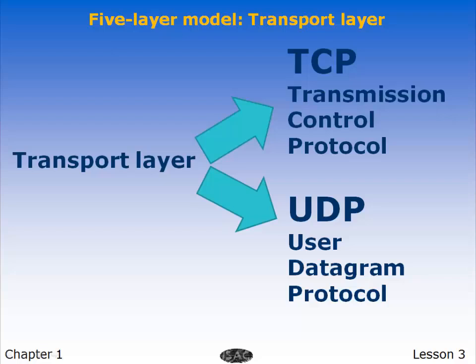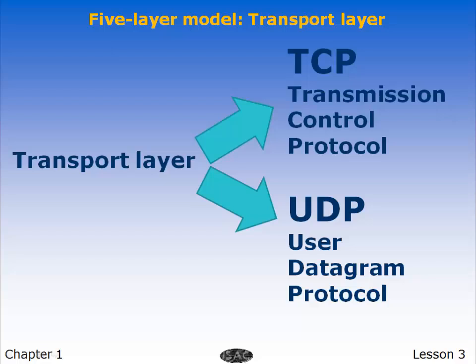UDP is another type of protocol. It just sends the information. No confirmation is required for this protocol. You can send the information, and even if packets are lost, you will not be able to know about this.